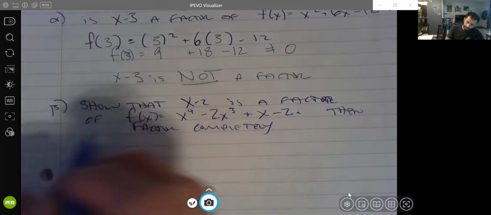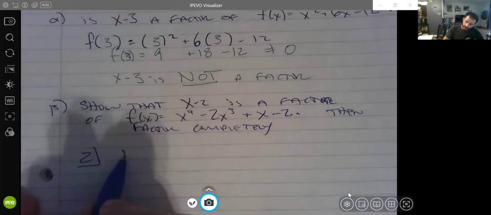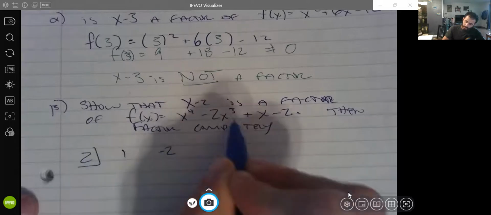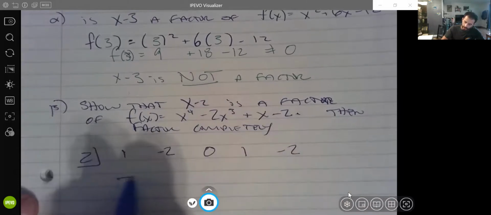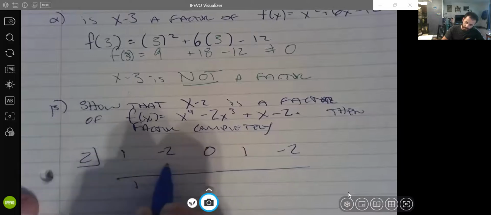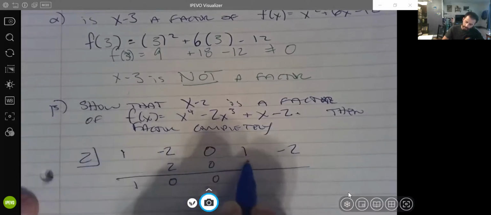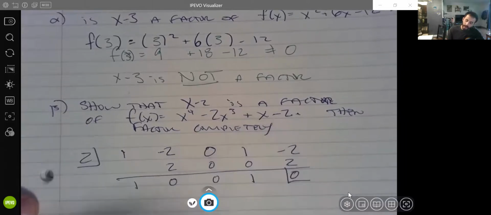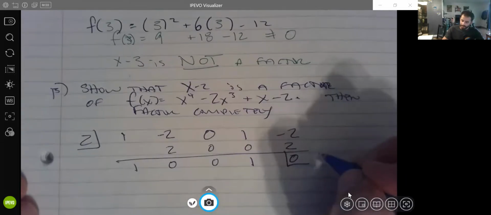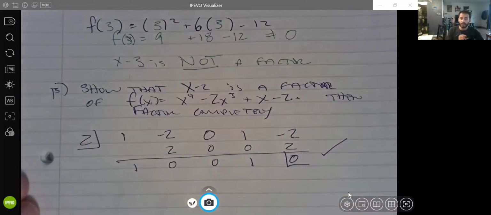So let's plug in 2, into the box, and we have 1, negative 2x cubed, 0x squared, 1x, and minus 2. Bring down the 1, multiply, write it here, add, multiply, write it here, add, multiply, write it here, add, multiply, write it here, add, box the remainder. It is 0. So congratulations, we showed that x minus 2 is a factor.